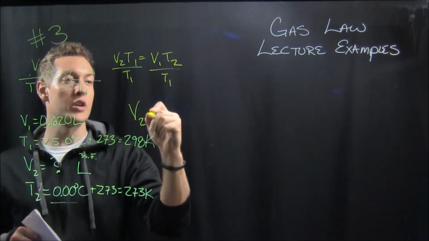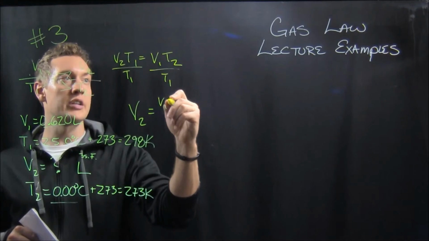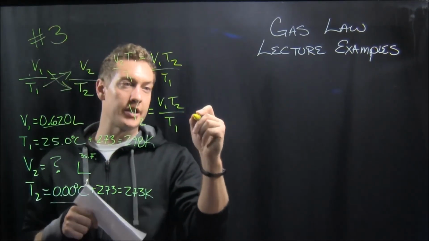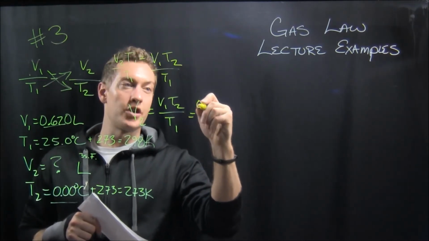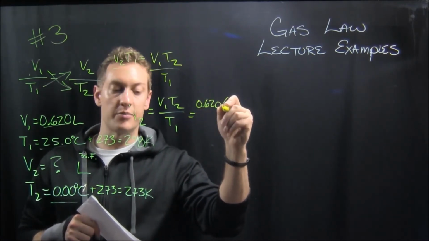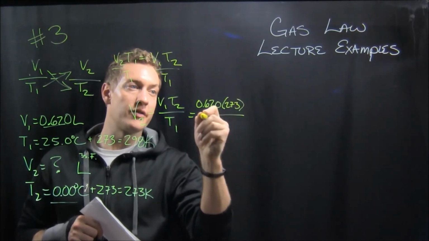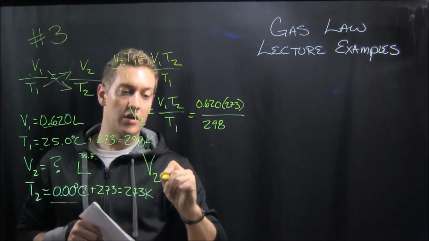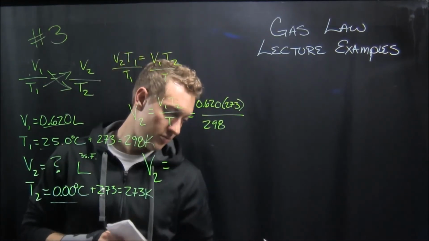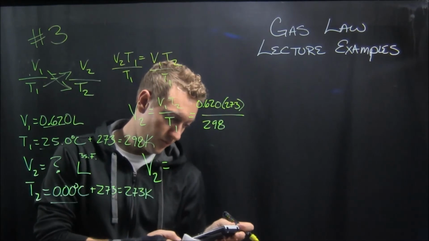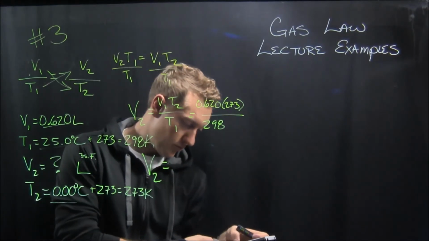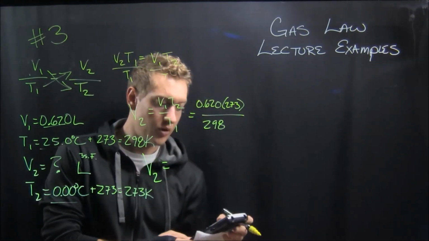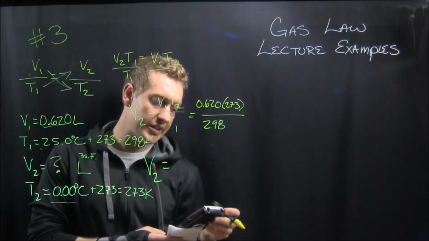So V2 equals V1 times T2 over T1, which is 0.620 times 273 divided by 298, and V2 comes out to be 0.56798.